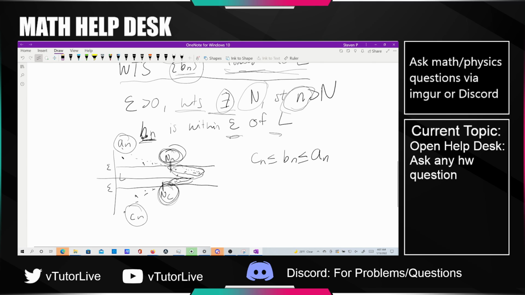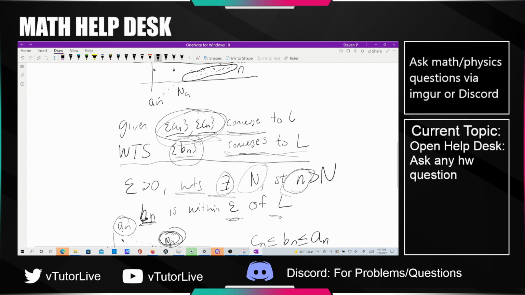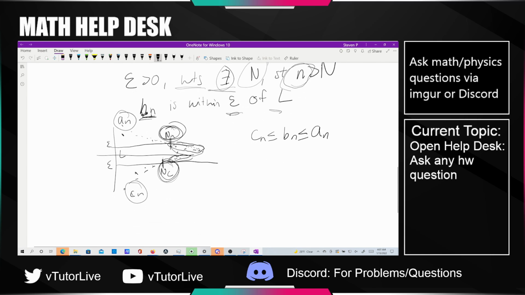So pictorially, I've already drawn the epsilon and the AN and CN sequences from before. Excuse me, I think I got myself a tiny bit mixed up because it should be C that's larger, right?